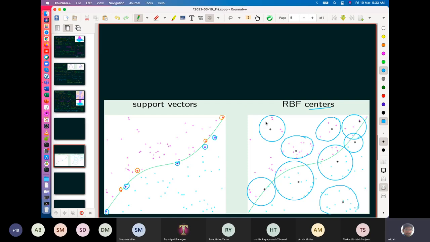In this way, you make the centers. Maybe these points are also included in this center. Yes or no? Yes, sir. Now suppose if you are not given the labels, you come up with these kinds of things.